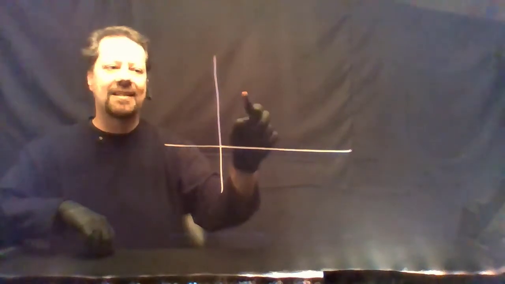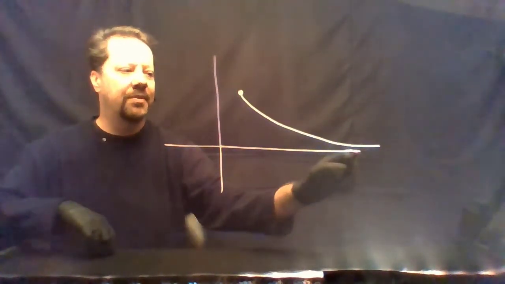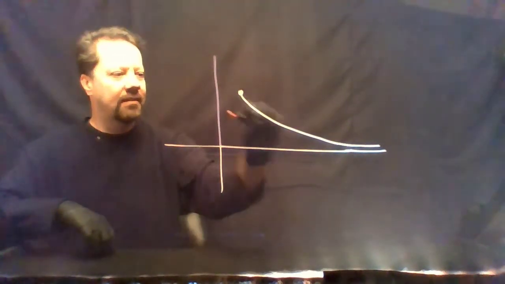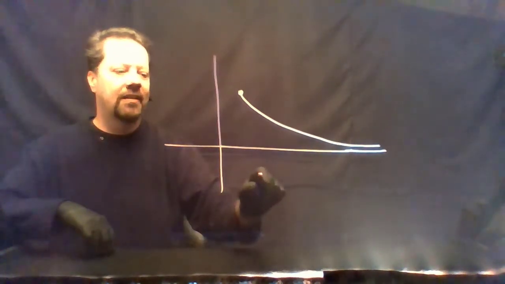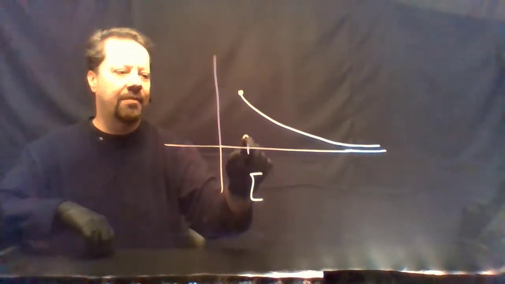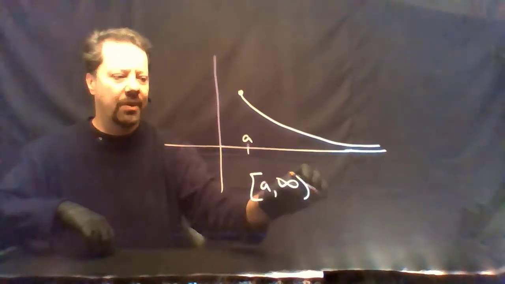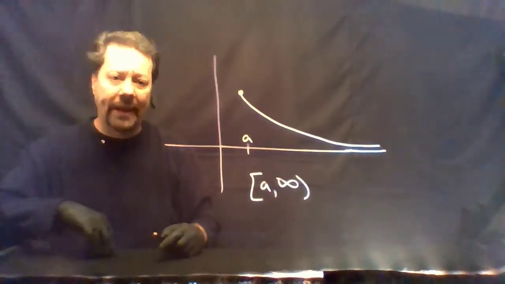If the domain is not bounded, suppose this function tends to 0 but never quite reaches it, you might like to say the minimum is 0 but it never quite gets there. In this case, the set goes from A to infinity. Now I know we're using a rounded parenthesis around the infinity, and that's because infinity is not a point.